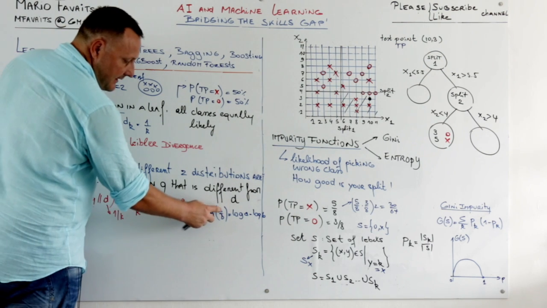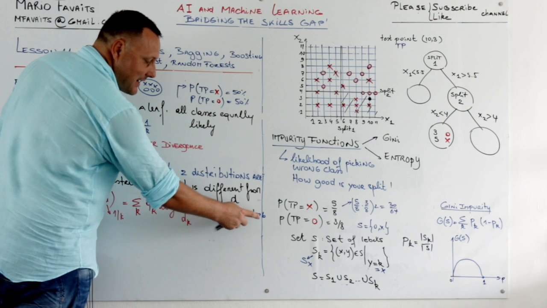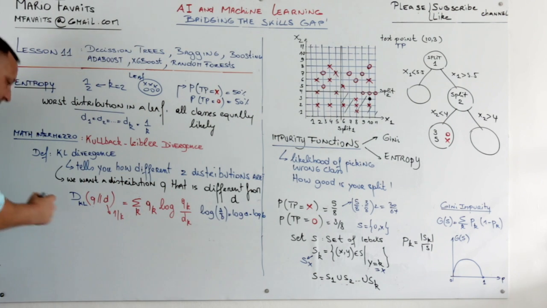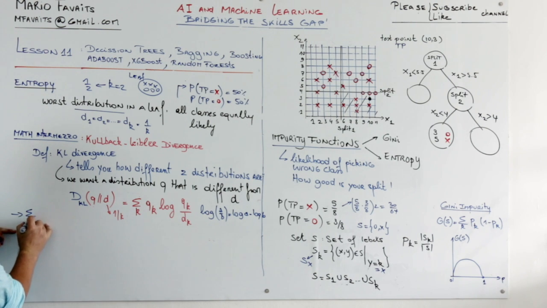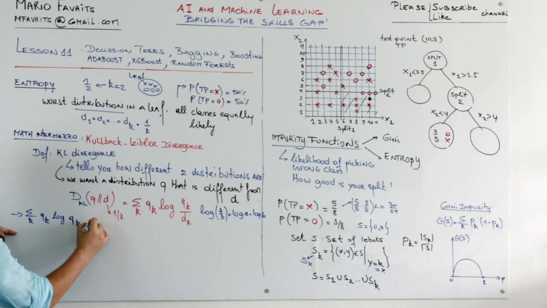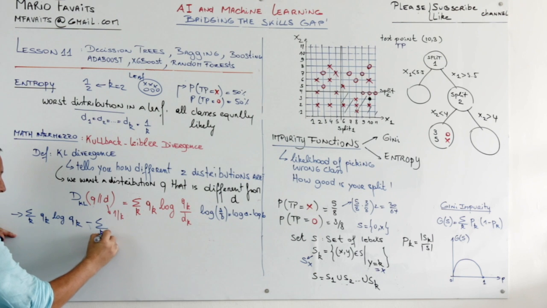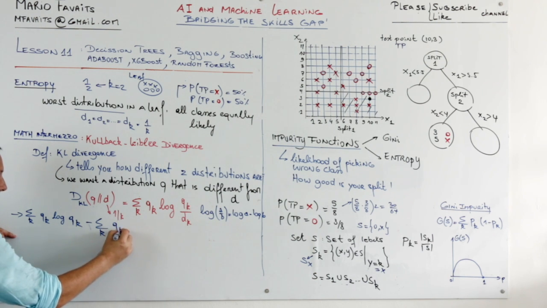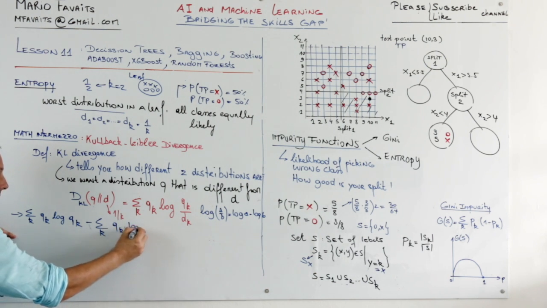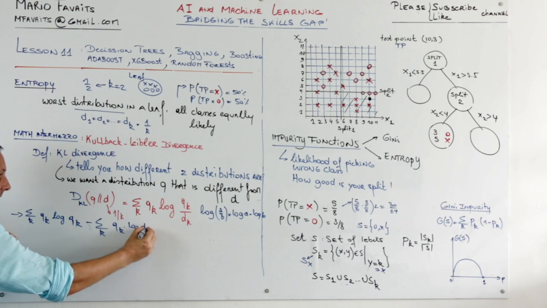Remember, the log of A divided by B is the same as log A minus log B. So we're going to rewrite this equation as the sum over k of qk times log of qk, and this is the first term, minus, because it's a division, the sum over k of qk times the log of dk.